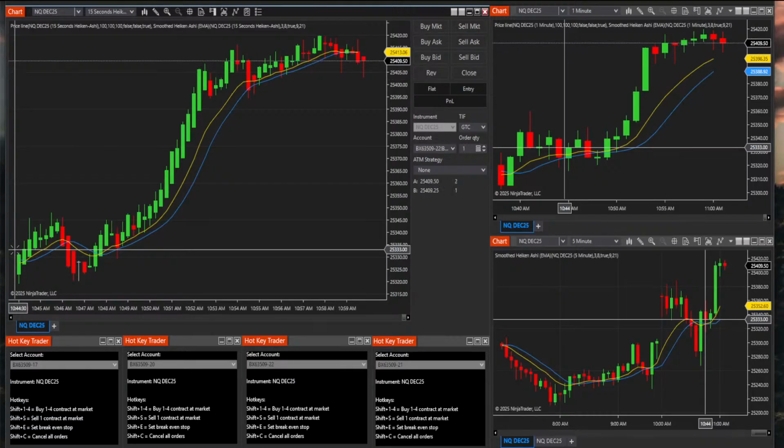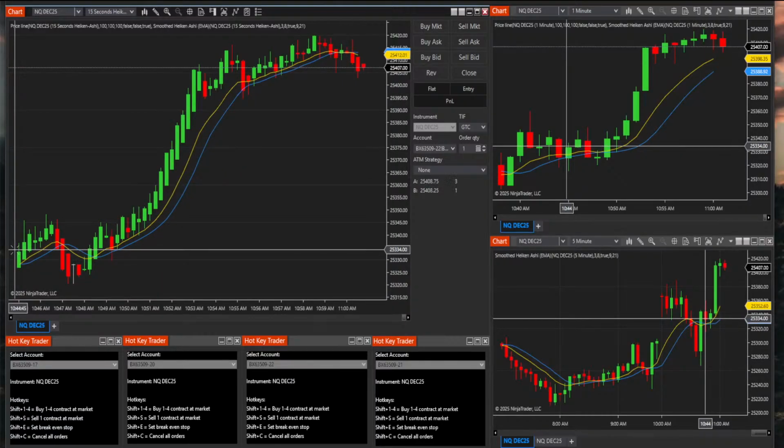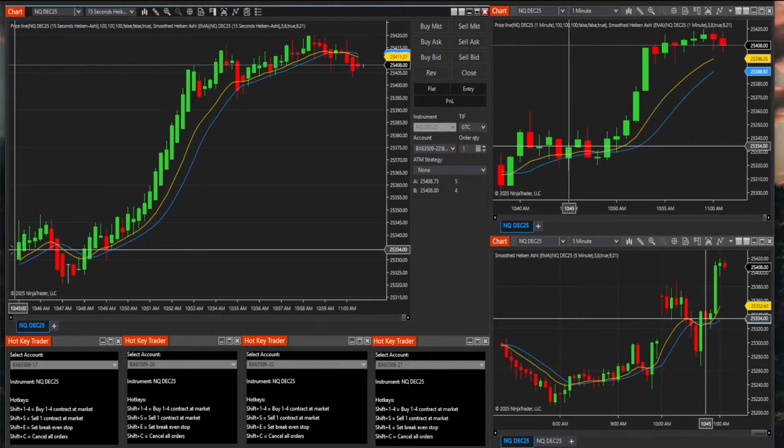I got to recompile it to run in the back history because I've got some logic that checks real time to make sure it doesn't double trade. But I'm not going to explain it.